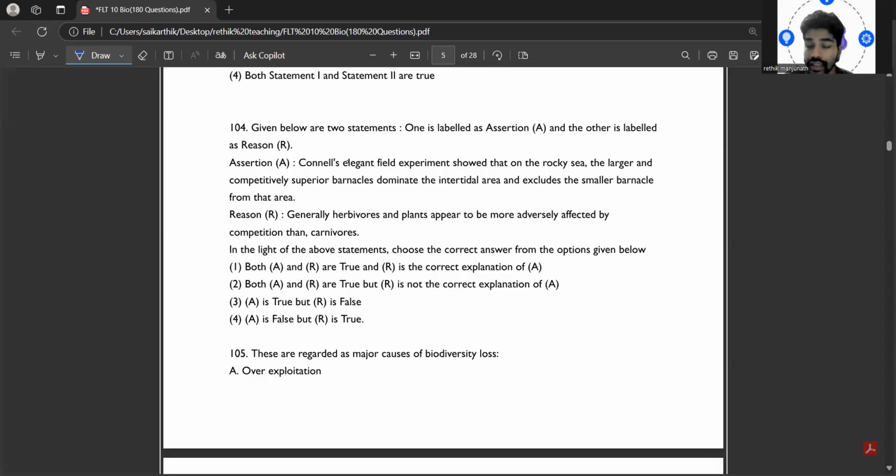So this is the Connell's elegant field experiment. That experiment demonstrated that the larger barnacles outcompete the smaller ones for space on the rocky sea shore, leading to the exclusion of smaller barnacles from the intertidal area, meaning the area where they normally live.